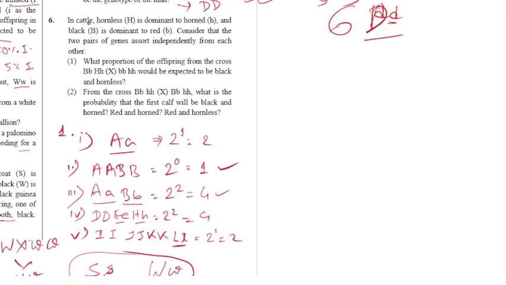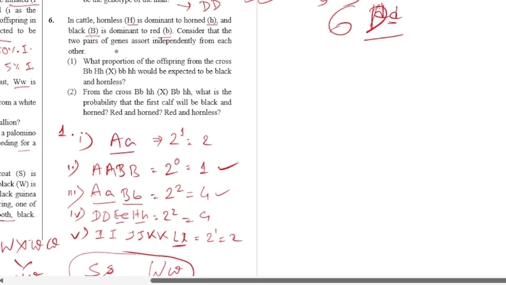Next, in cattle, hornless, capital H, is dominant over horned, and black is dominant over red. Consider two pairs of genes assorting independently. Mendel's diagram: capital B small b, capital H small h crosses small b small b, capital H small h.